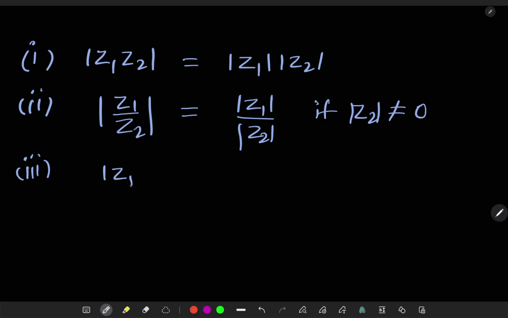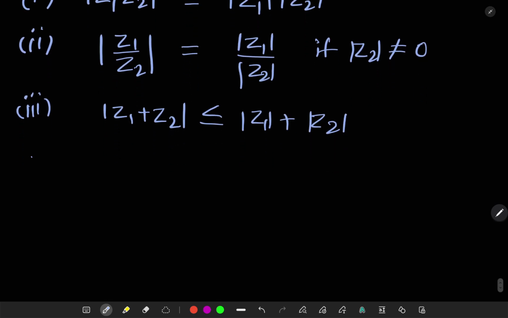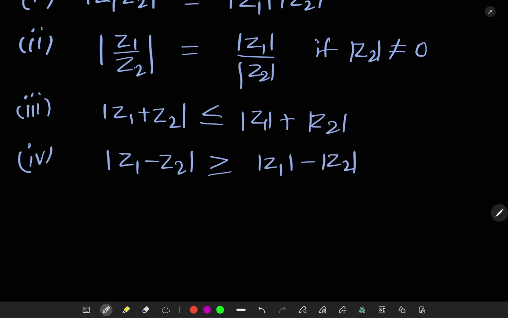Another property: mod of z1 plus z2 is less than or equal to mod of z1 plus mod of z2. Fourth property: mod of z1 minus z2 is greater than or equal to mod of z1 minus mod of z2.